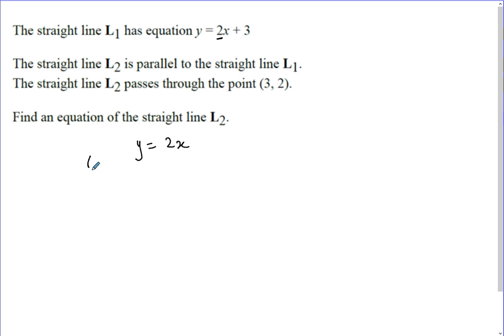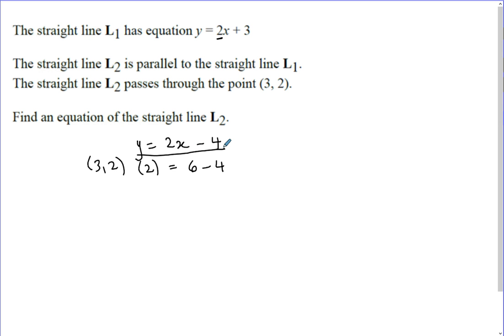And then again, we just substitute. Okay? So they'll just make the questions a little wordier, but all you need is just pick up the basic information. So you've got 2 times 3 is 6, and what do we do to 6 to get 2? We minus 4. So you've got y = 2x - 4, and that's your answer.